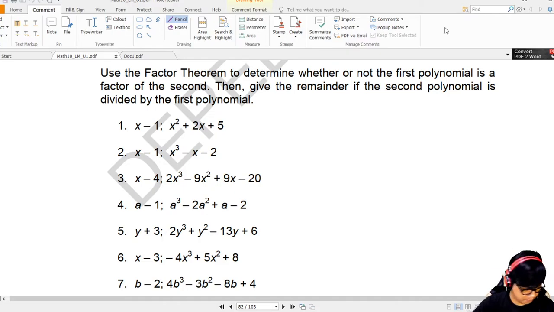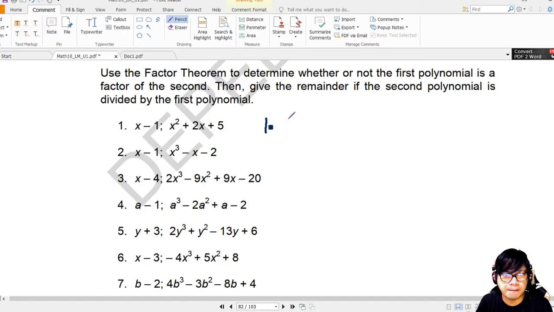For number 1, let's attach our Illustrator pad first. So x minus 1 is our divisor and our polynomial is x squared plus 2x plus 5.